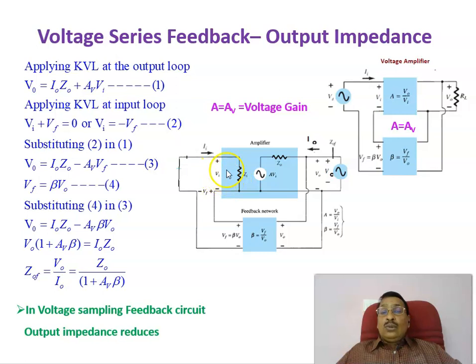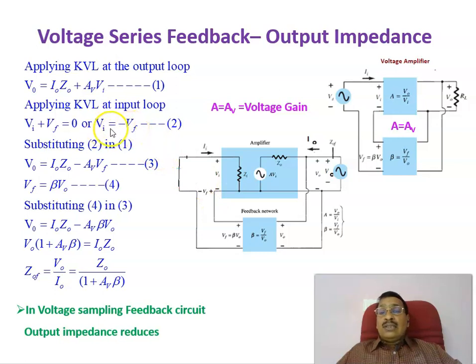Next we write the KVL equation for the input loop. Vi plus Vf is equal to 0 because we are shorting the input, or Vi, the input voltage to the amplifier, is equal to minus Vf.